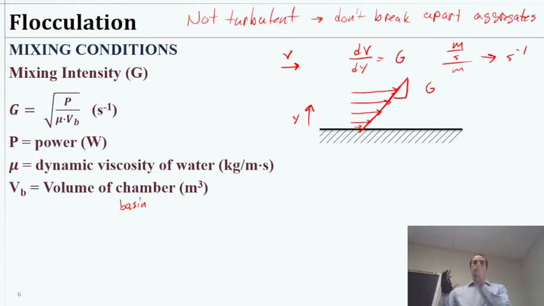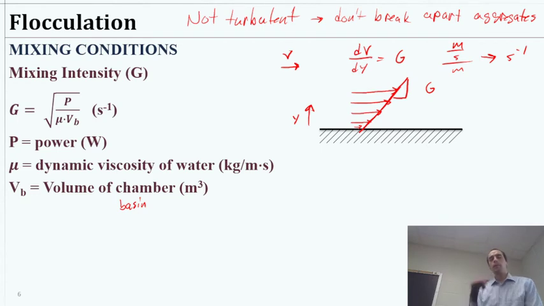The difference between the surface and the speed of the water is going to be greater a little further away, because the drag is not so intense over there. So that gradient, the change in velocity over change in distance, is going to be our mixing intensity.